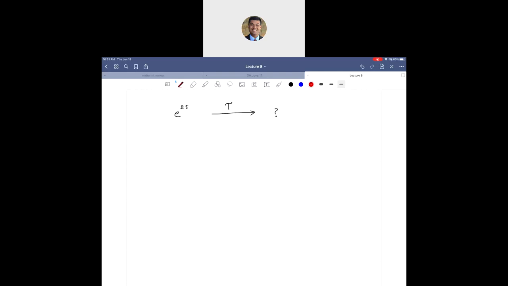Well, e to the 2t goes in, e to the 2t comes out with H of 2 as the eigenvalue. Similarly, suppose e to the (5 plus 3j) t goes in. What comes out? You get H evaluated at 5 plus 3j multiplied by the same function, e to the (5 plus 3j) t.